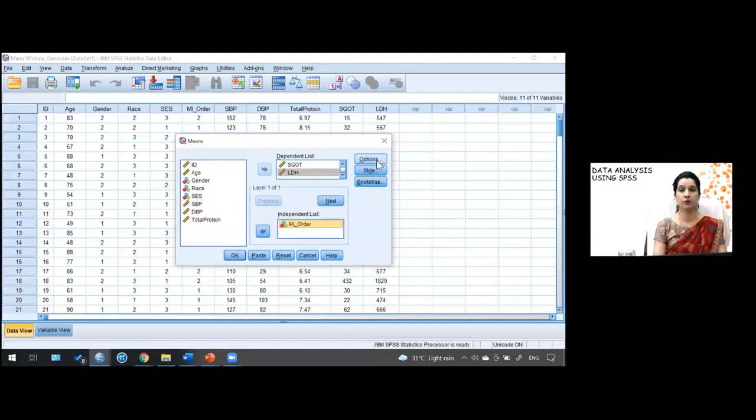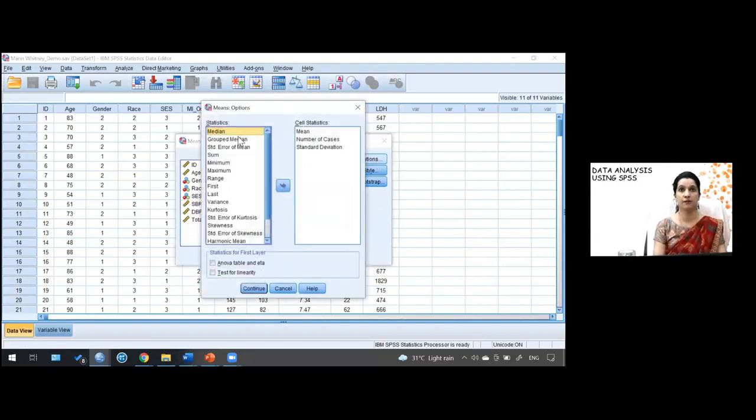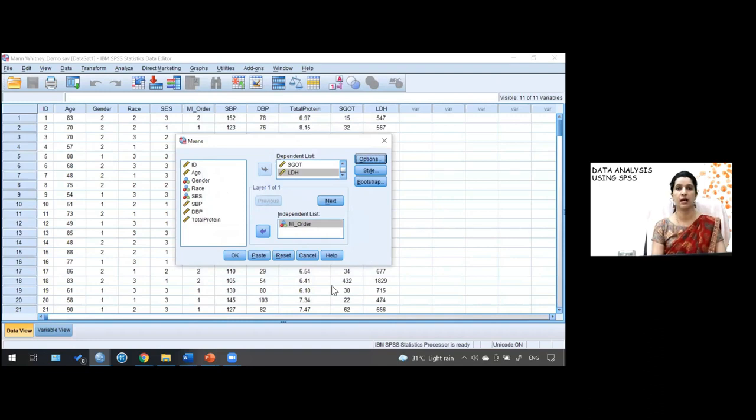If you go to the options, you see there is a median. So here you should shift all this back to this box, and shift median to this, and then continue.